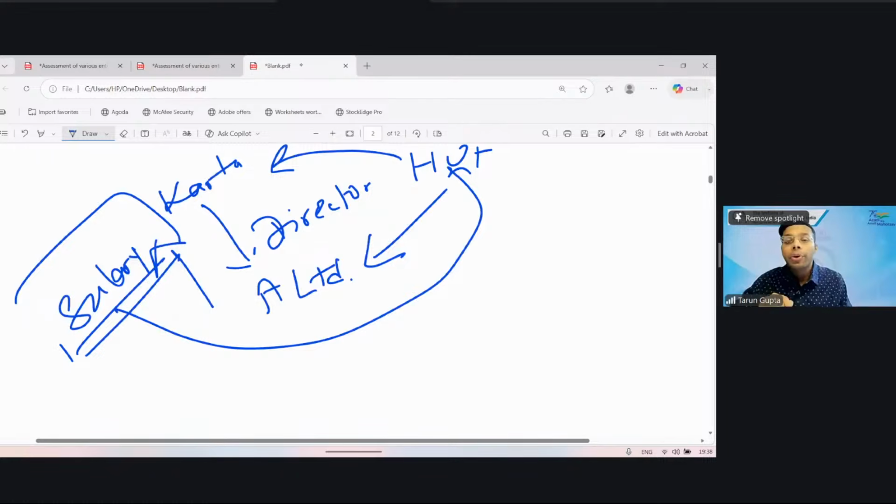Then such fee or remuneration shall be taxable in the hands of HUF and not in the hands of the member. This happens because it is assumed that this amount is paid as the HUF has invested its fund in the concern. Okay? So HUF has invested a fund.